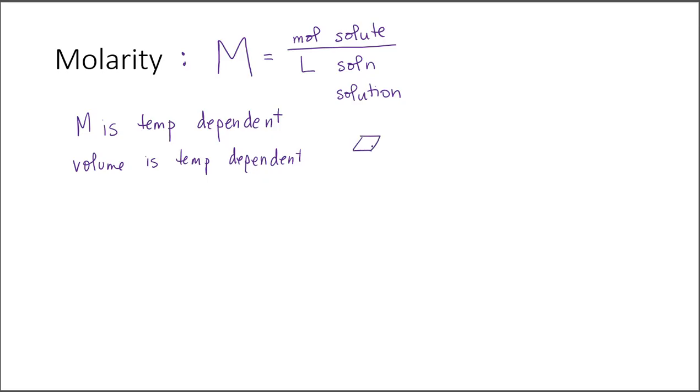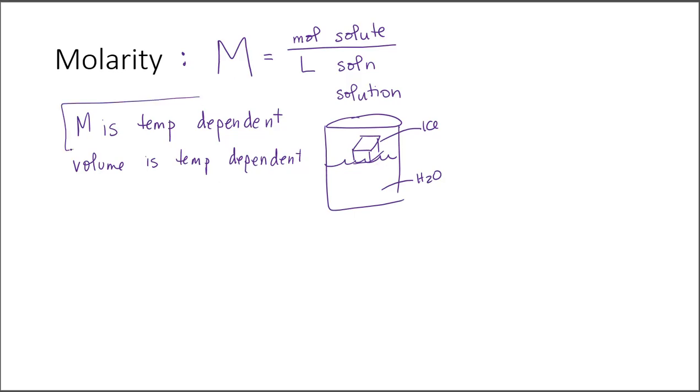You know that ice cubes float in water because ice is less dense than liquid water. And that density, it's not the mass, but it's the volume that changes. So molarity is temperature dependent. If you want to talk about a concentration at different temperatures, let's say you take Kool-Aid and you put it in the freezer, you can't talk about the molarity. The molarity will change based on the temperature of the solution.